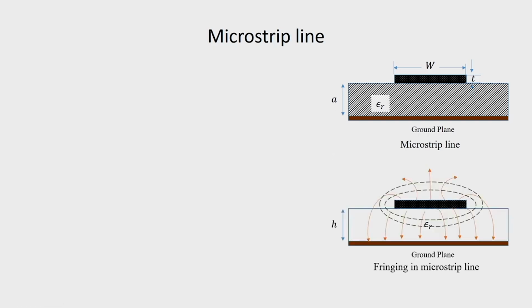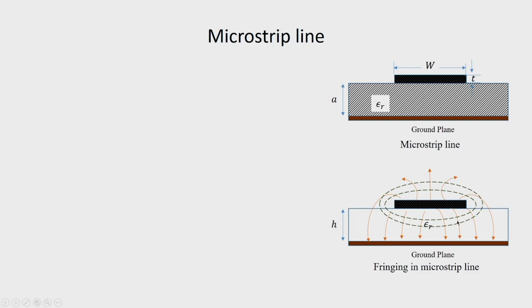The propagation in microstrip is called quasi-TM, because unlike strip line, here dielectric is present only on one side, the other side is air, and therefore the fringing of the field takes place.